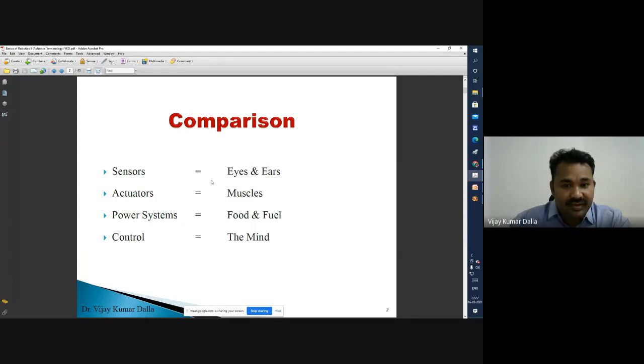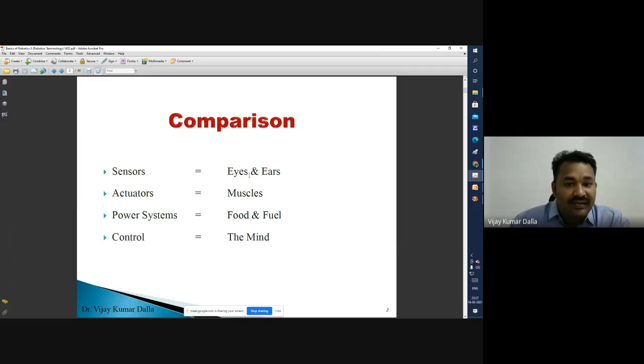Human beings have characteristics like eyes, ears, muscles, food, fuel, and the mind. All these characteristics are copied into a robot.